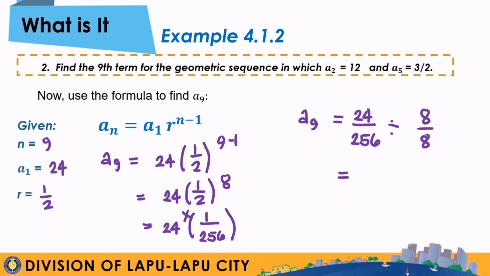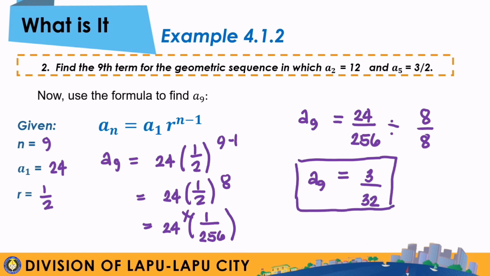I mean both sides, both numerator and the denominator. 24 divided by 8 is 3. 256 divided by 8, we have 32. Do they have common factors? I think not anymore. So there we have it. Our ninth term for the geometric sequence is 3 over 32.